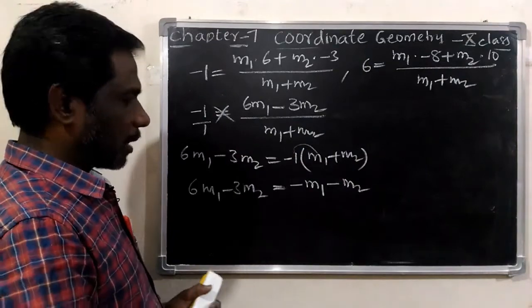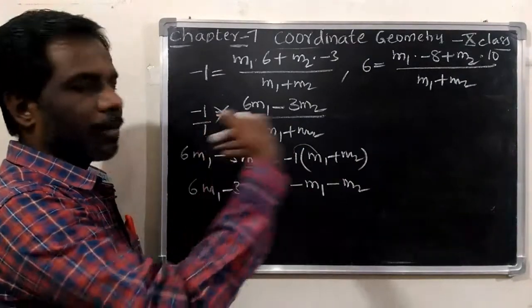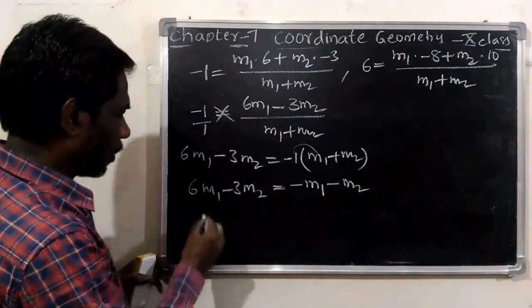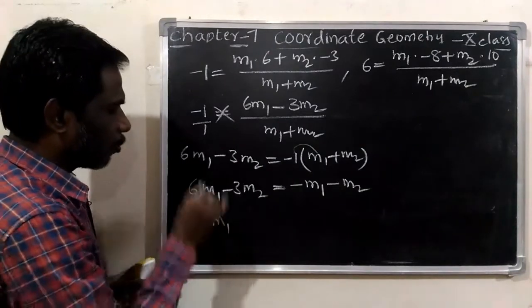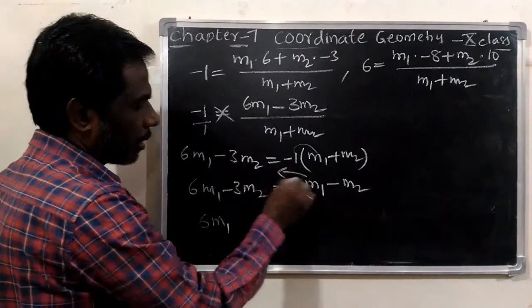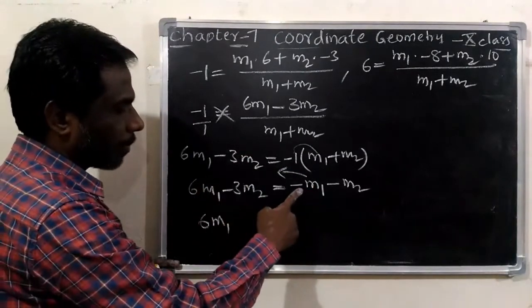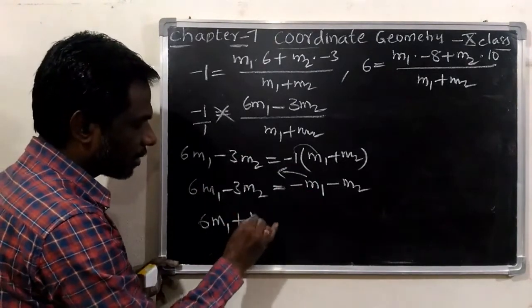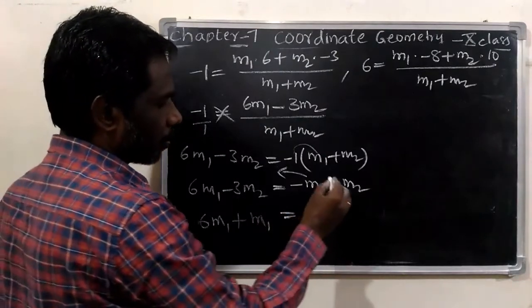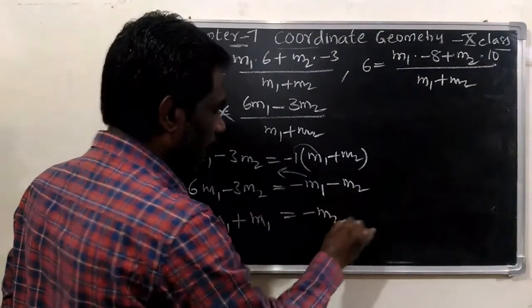And now take the m1 terms to one side and the m2 terms to the other side. See, write this 6m1 as it is and transfer this minus m1 to the left side. That minus becomes plus m1, equal to, and write this minus m2 as it is.